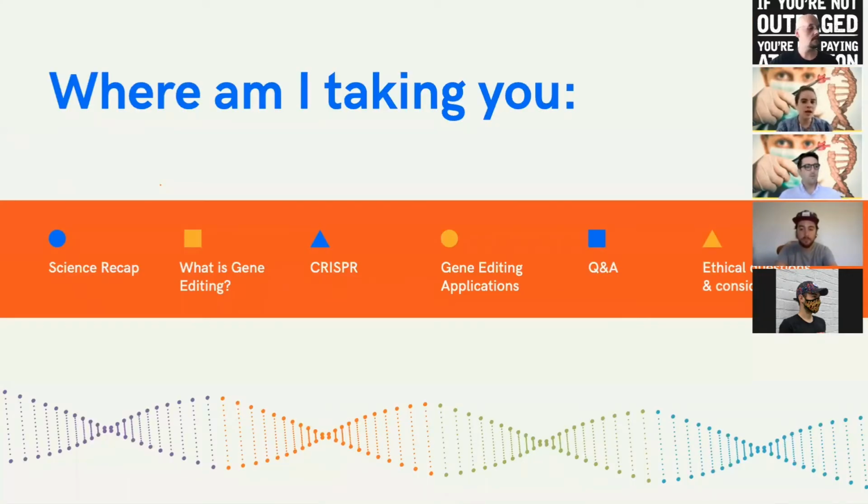Okay, so what is our CRISPR gene editing journey going to look like today? I first want to do a little bit of a science recap and give an overview of some key concepts that will help with understanding CRISPR. And then I'll define and explain a little bit more what even is gene editing, which will bring us to the exciting part of CRISPR as a whole, and going through some of the specifics there and the specific functionalities of how it works and operates.